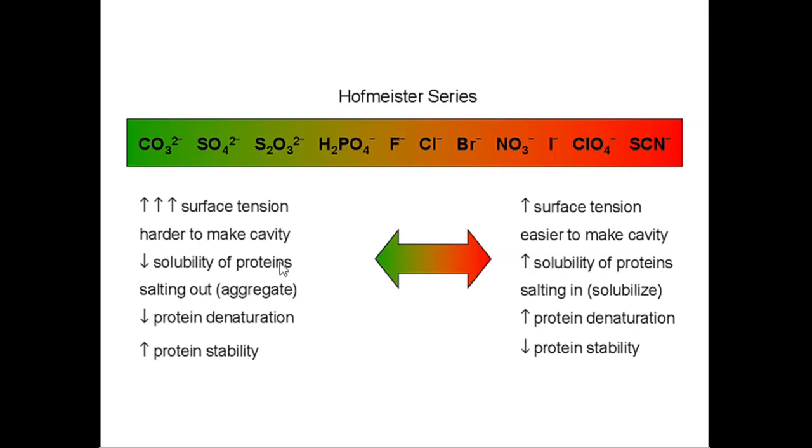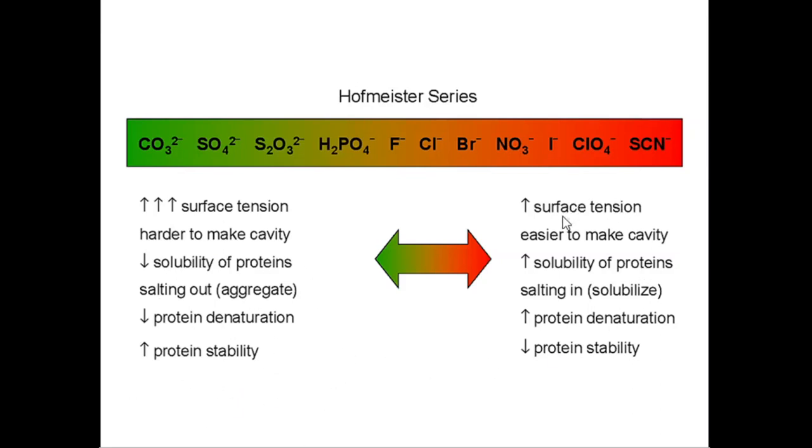The solubility of proteins is decreased, that means salting out happens. Protein denaturation decreases, which is very good. There is an increase in protein stability, which is also a good property when we isolate or extract proteins. Ideally, this is very good.